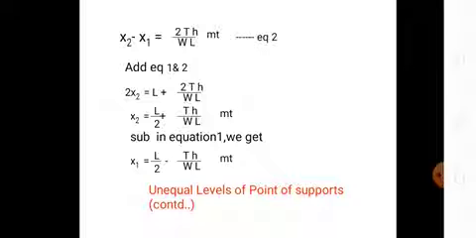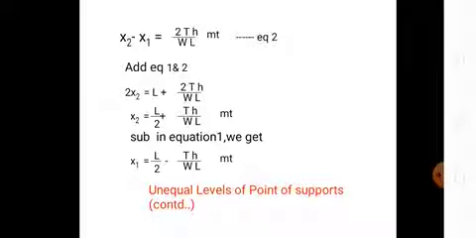Now substitute these values in S1 and S2, the sags, that is S1 is equal to W x1 square by 2T and S2 is equal to W x2 square by 2T, where x2 is L by 2 plus TH by WL and x1 is L by 2 minus TH by WL. So we get both the sags, the sag at A and the sag at B.